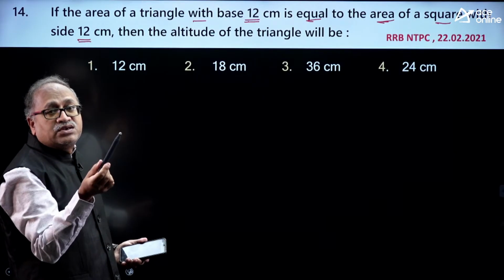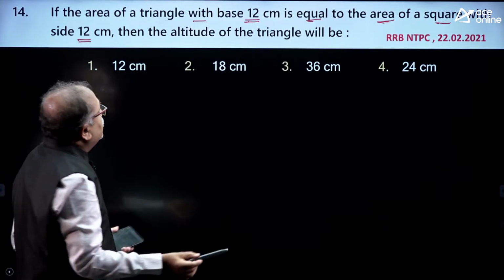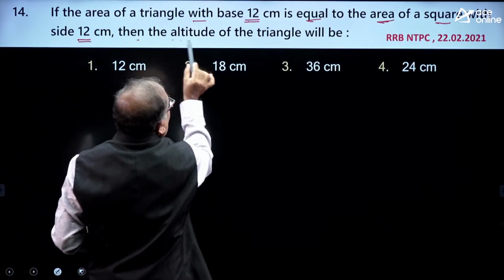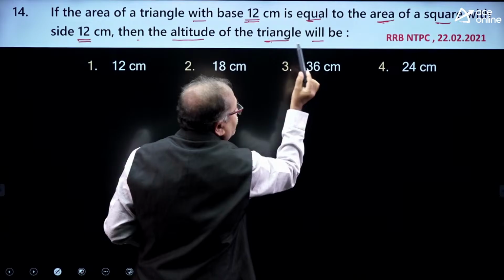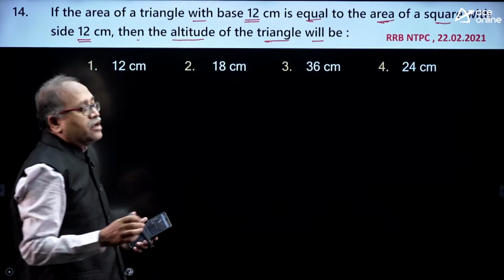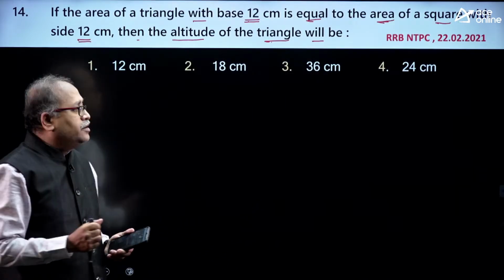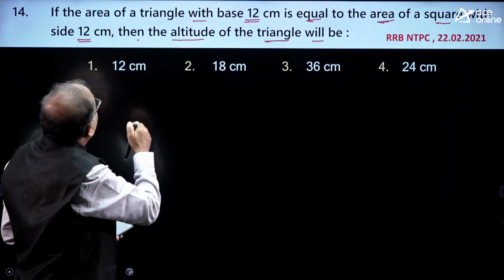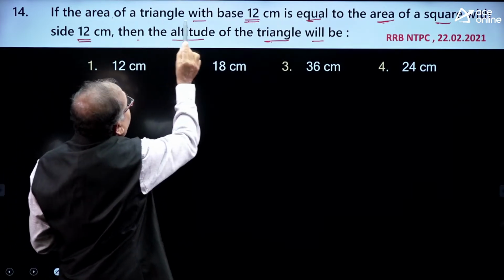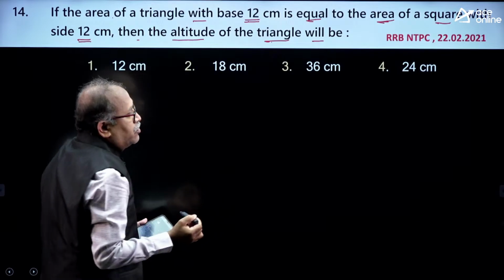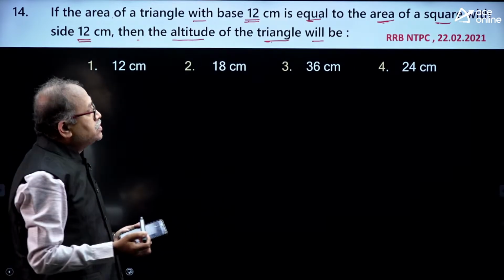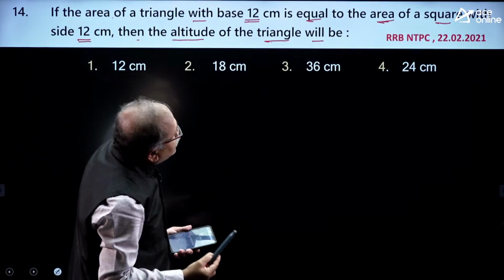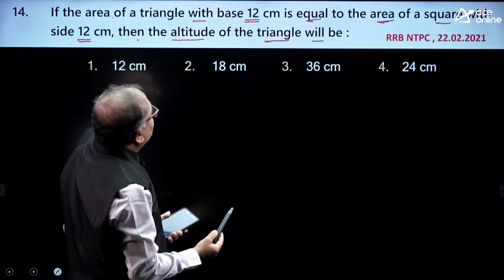It is not said it is an equilateral triangle, it is simply said triangle. Now, the altitude, the height of the triangle, will be what? Let us answer this question. It is given that the area of the triangle with base 12, which is given to us. And do we know the total area?